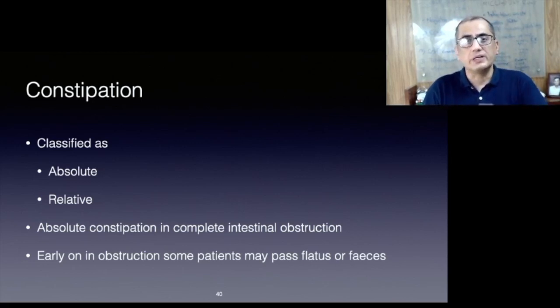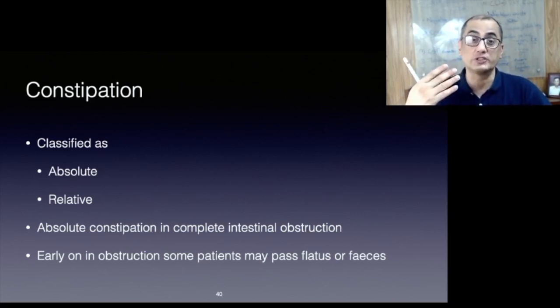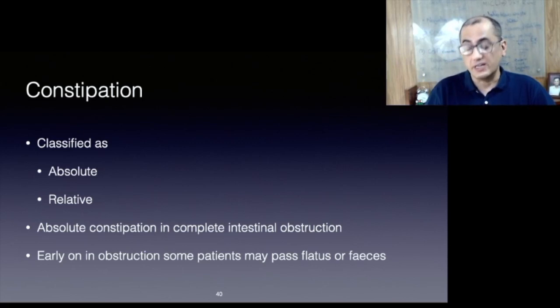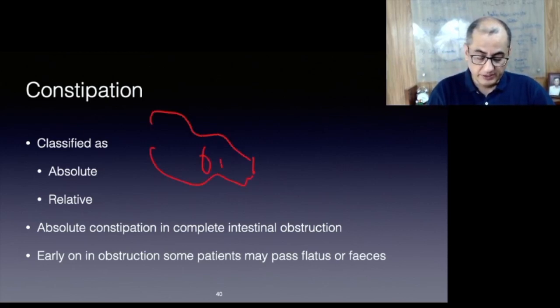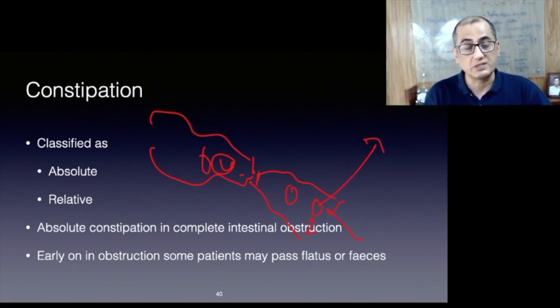This simply stimulates the evacuation of the bowel contents that are distal to the obstruction and confuses the clinical picture. So you've got this obstructed bowel, and there are feces here, and then this is the obstruction, and then there are feces here, and you give an enema, these feces come out, and you think, oh, he's passing stools, but that's not the case. He still has an obstruction here.